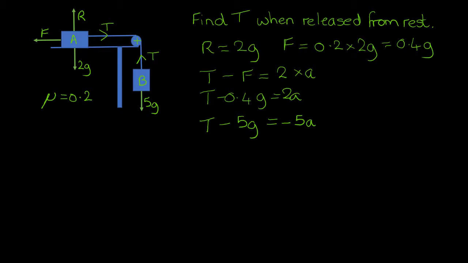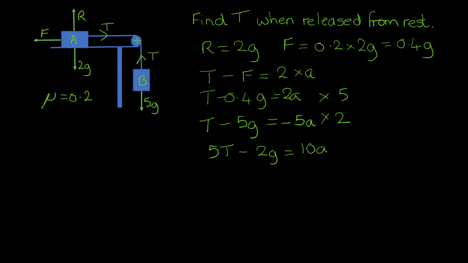So this time we're going to multiply this one by 5 and this one by 2 to make the A's the same. So now we've got 5t minus 2g equals 10a.